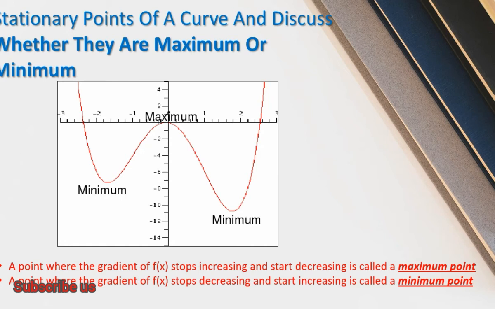The definition is that a point where the gradient of f(x) stops increasing and starts decreasing is called a maximum point. A point where the gradient of f(x) stops decreasing and starts increasing is called a minimum point.